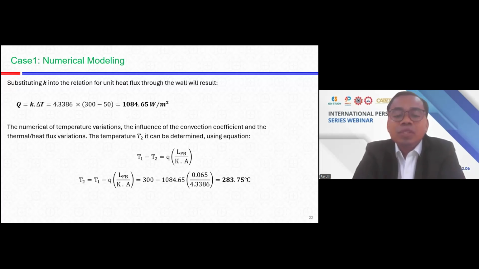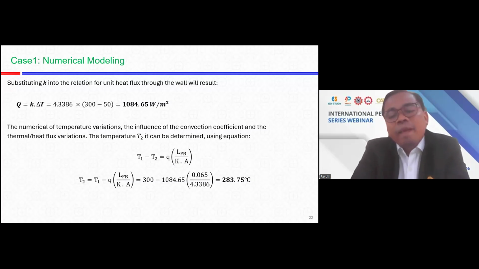Next we find the temperature T2. T1 we know, it is 300, but what is T2? As on the previous slide, T1 minus T2 equals Q multiplied by the layer of the fabric divided by the thermal conductivity, multiplied by the cross-sectional area.